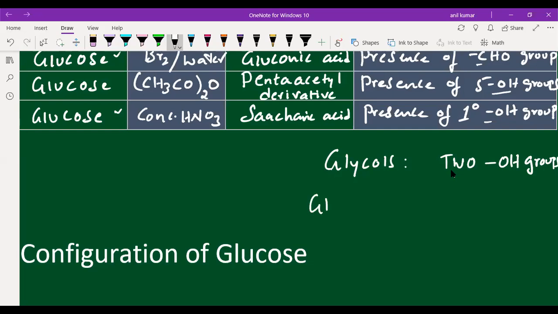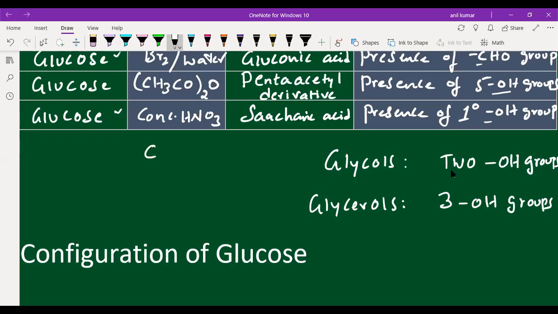What is meant by glycerols? Glycerols are compounds containing three OH groups. Okay, an example for glycol I will write.